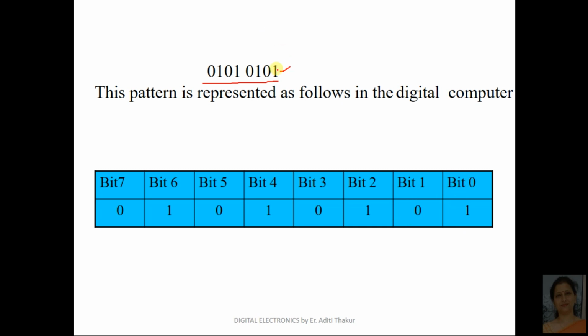After that, the next is called the first bit position, and then second, third, fourth, fifth, sixth and seventh. So this is the 8-bit string, and we have the bit positions from 0 to 7. The total number of bits is 8, but the bit position starts from 0, from the right hand side bit towards the left hand side bit.